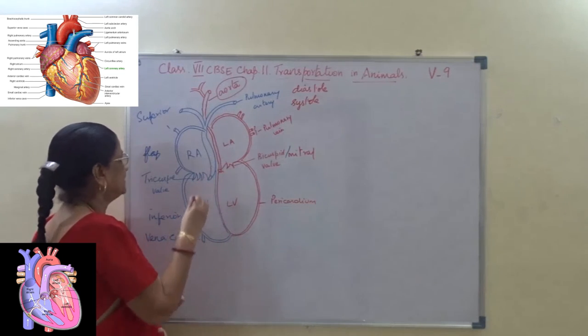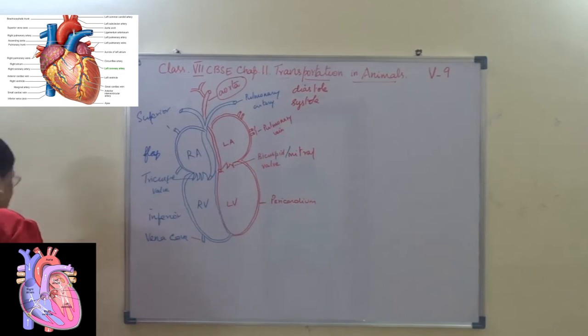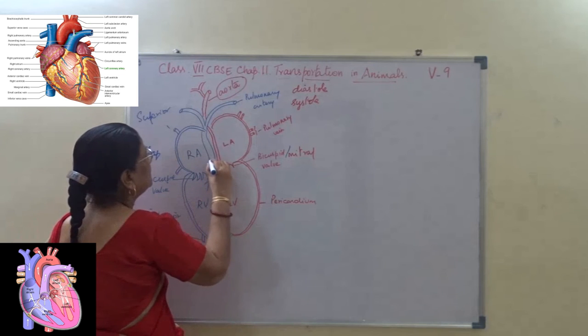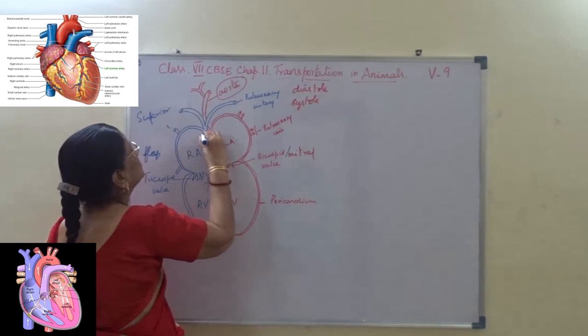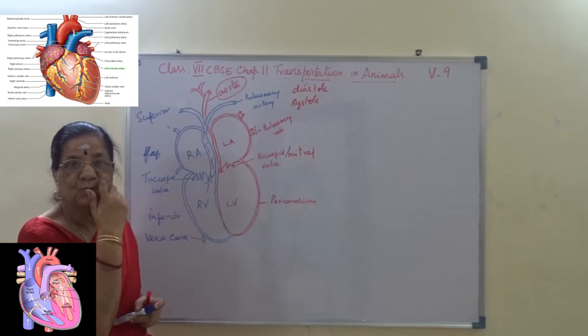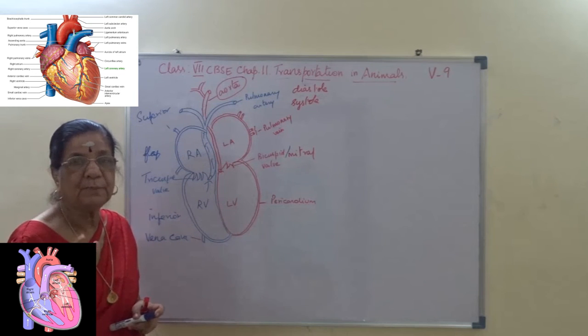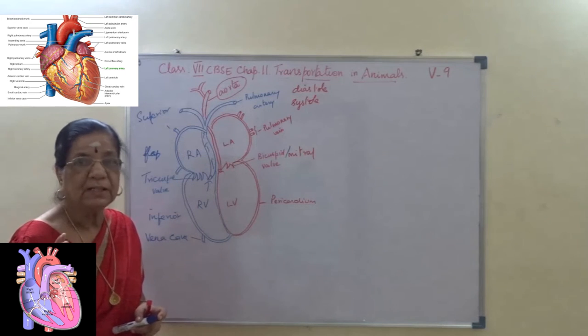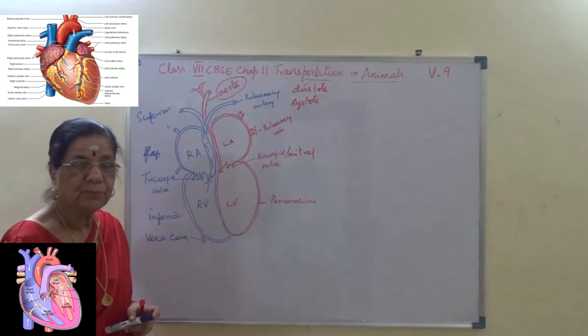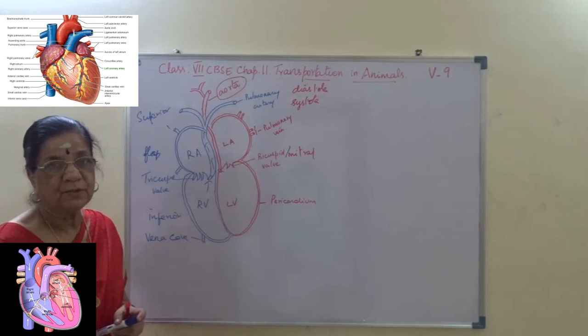pulmonary artery. Through the pulmonary artery, it is reaching the lungs for purification. Pulmonary referring to lungs. Okay, so it is reaching the lungs for purification. I hope you understand.